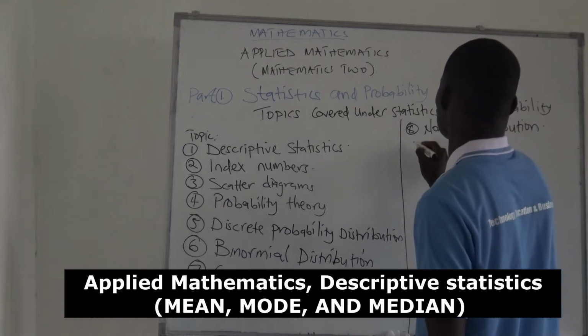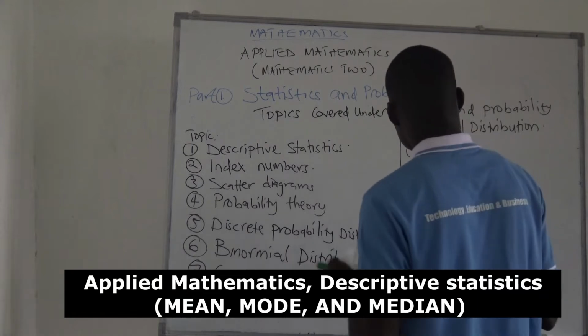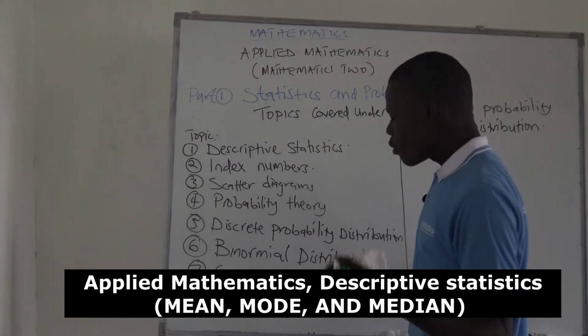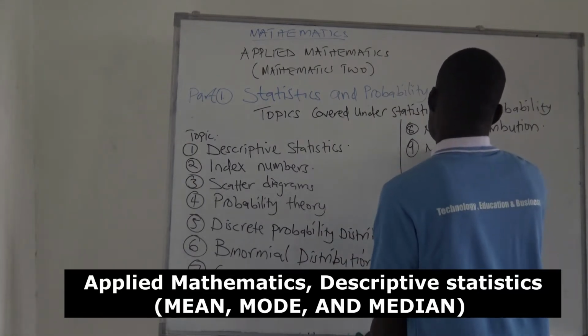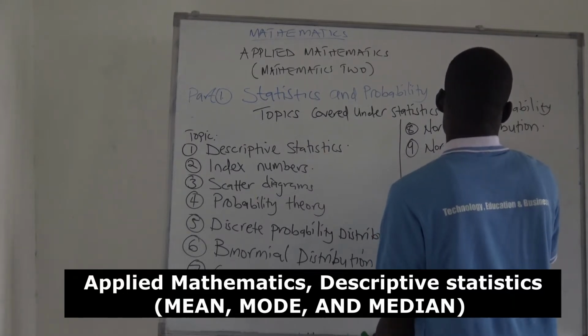The 9th topic is what we are calling normal approximation to binomial.